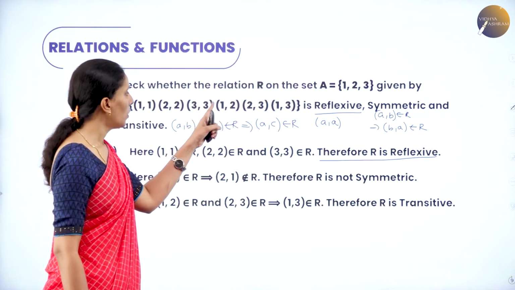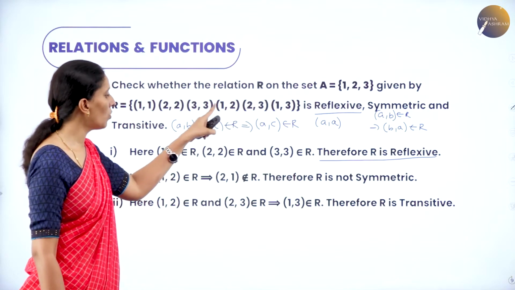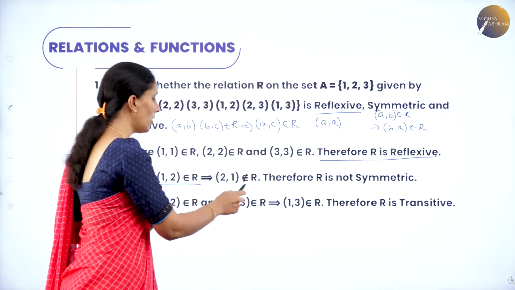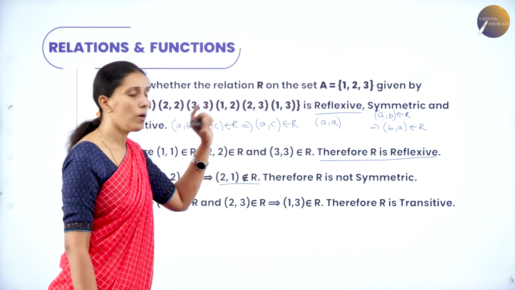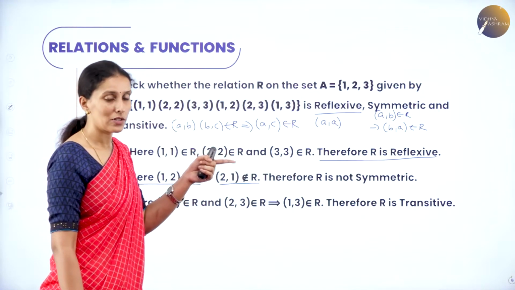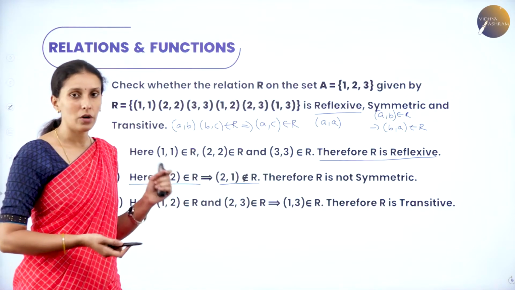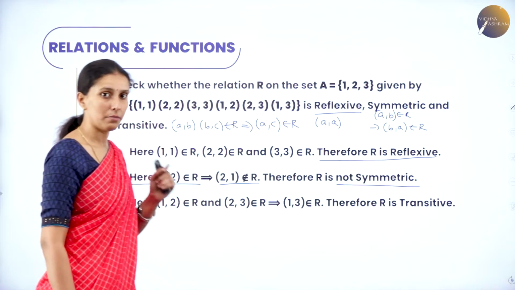Now, let's see. Suppose you have (1, 2) inside R, but you don't find the element (2, 1) in R. So, here (1, 2) belongs to R, but (2, 1) does not belong to R. Similarly, we can take (2, 3) in R, but (3, 2) does not belong to R. (1, 3) is in R, but (3, 1) does not belong to R. Hence, this is not symmetric.